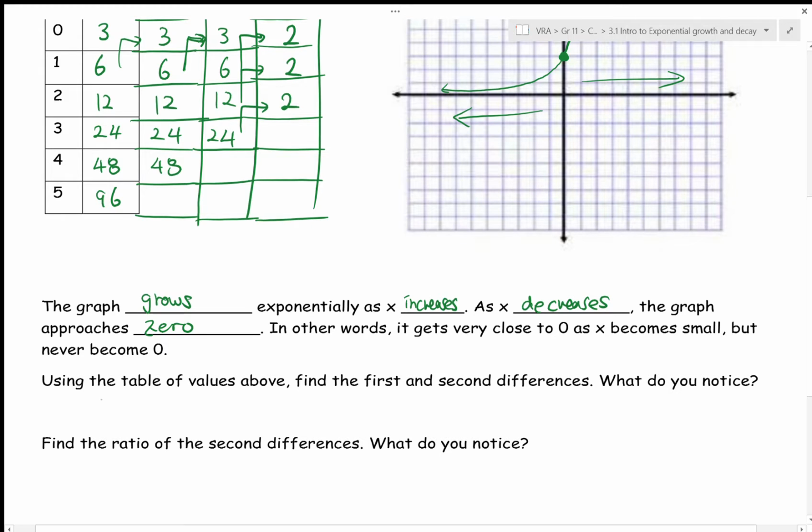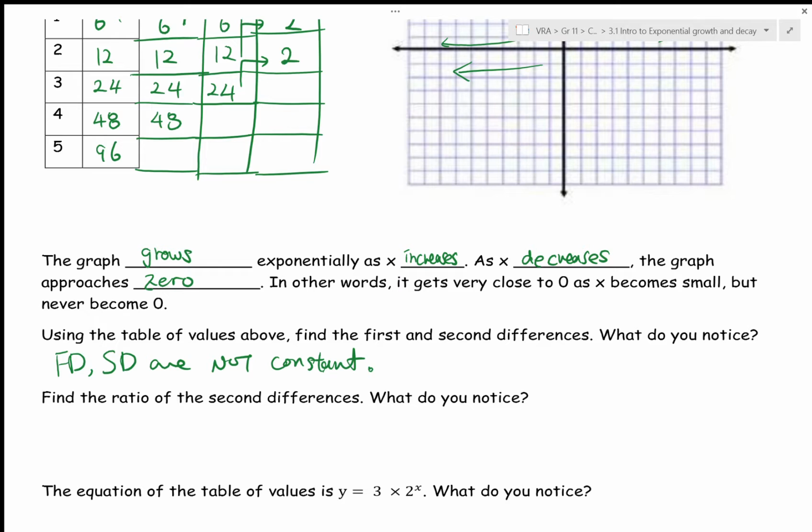So what we notice is that the first differences and second differences are not constant, right? They're not the same. But we have the ratio. It says find the ratio of the second differences, and what we notice is the ratios are the same, right?